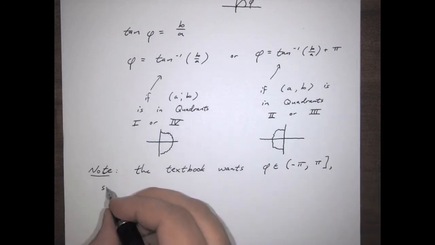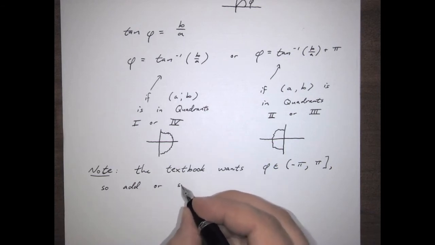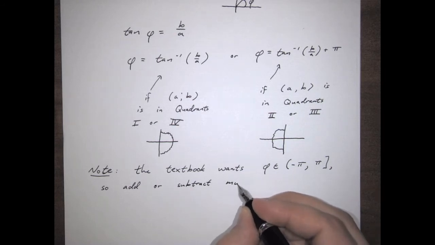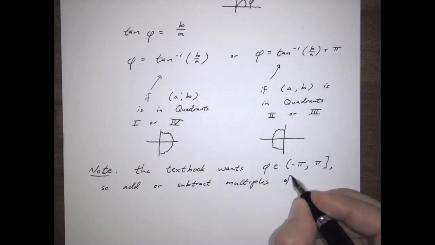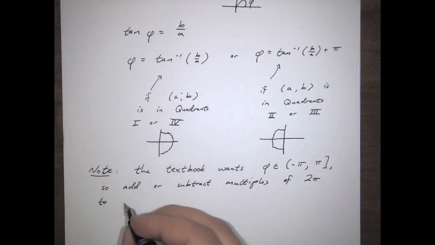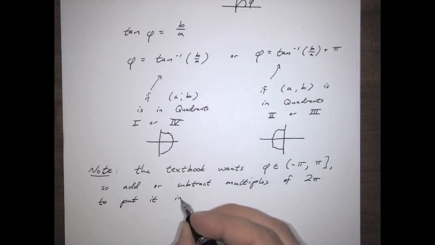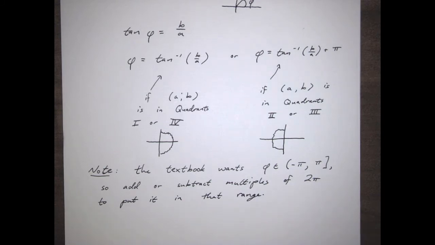So add or subtract multiples of 2 pi to put it in that range.